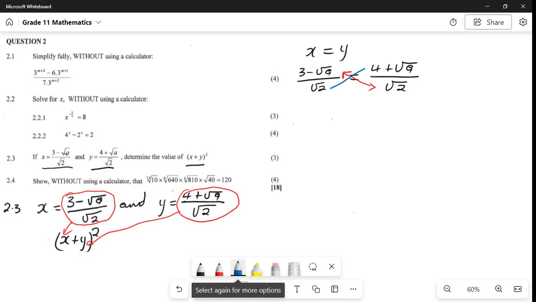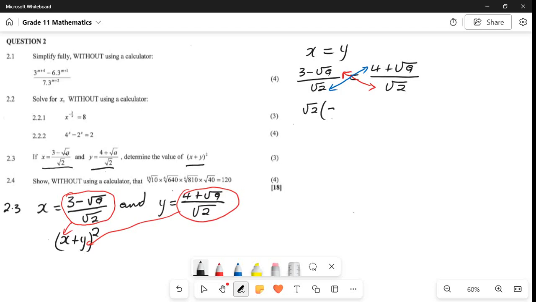When we apply the cross multiplication, I'd prefer to start with the one that I've drawn a red arrow. You can start with the other one, square root of 2 times 4 plus square root of a. It doesn't matter, you're still going to get the same answer.